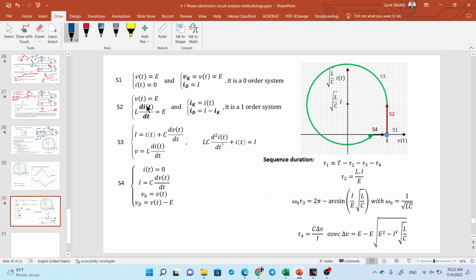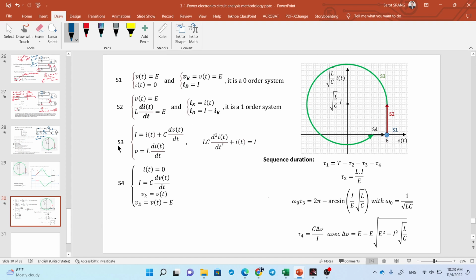If you integrate the current, it's a function of time and it's increasing. So current increases from 0 up to a certain value. By the way, voltage is constant and current is increasing, so the line here is just straight up like this.